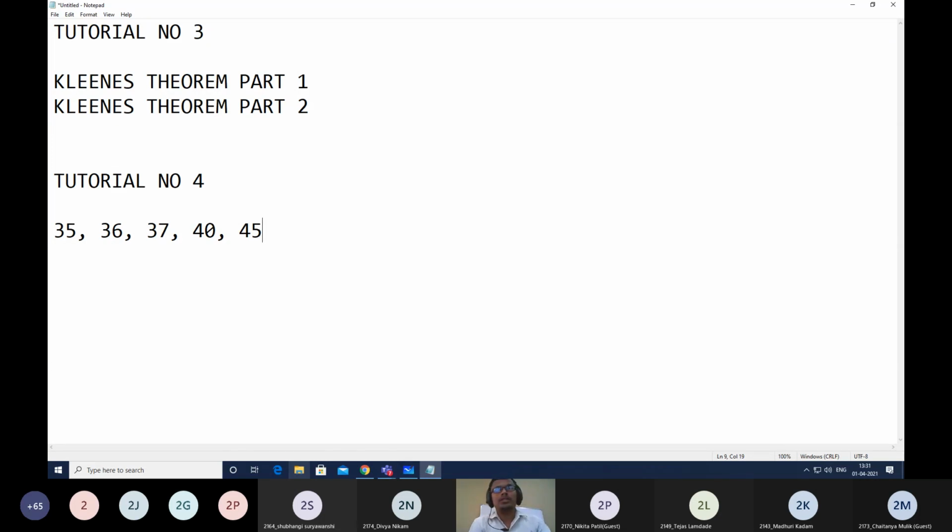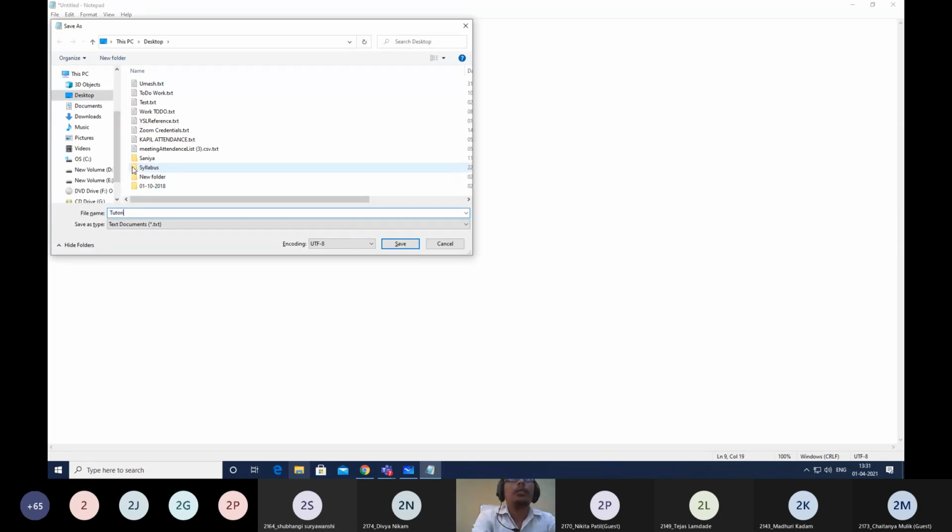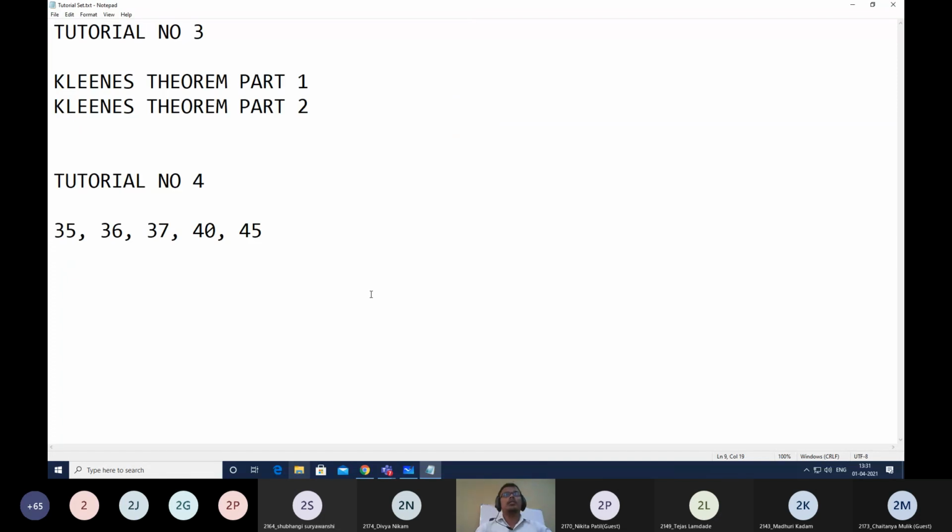Solve this much, then I'll give more later on. All of you have noted this? Question number 35, 36, 37, 40 and 45. Noted? Yes, sir.